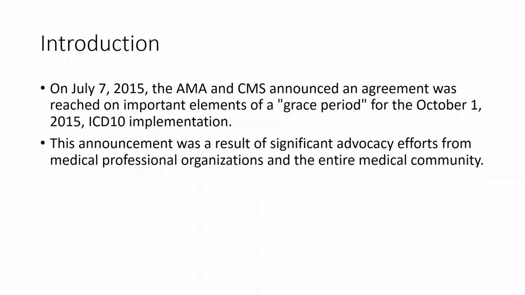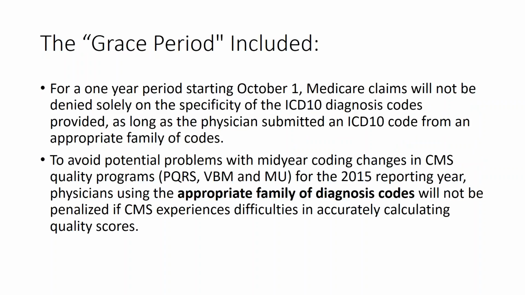That went forward. But what it did is it created a one-year period starting October 1st of 2015, extending to September 30th of 2016, during which Medicare claims would not be denied solely on the specificity of the ICD-10 diagnosis codes provided as long as the physician submitted an ICD-10 code from an appropriate family of codes.